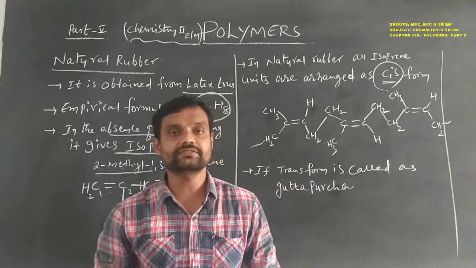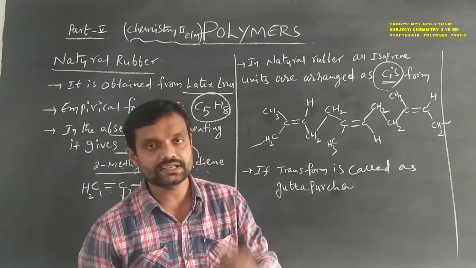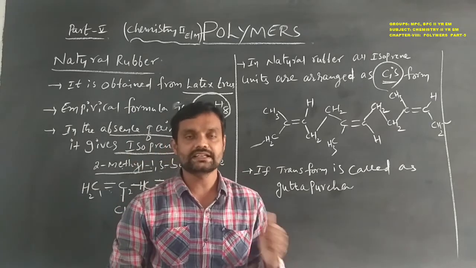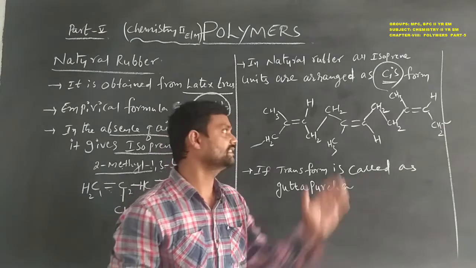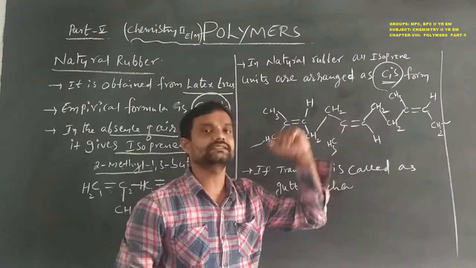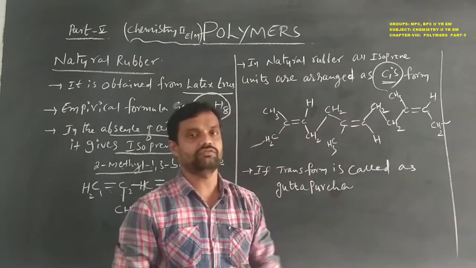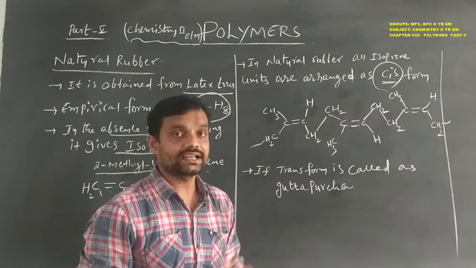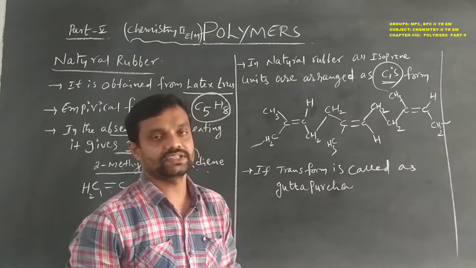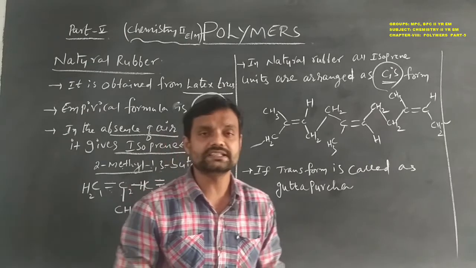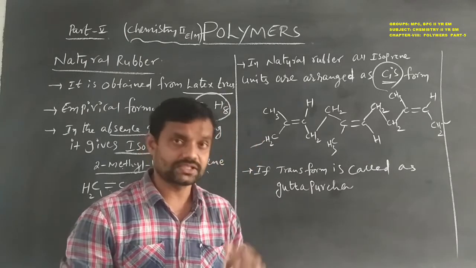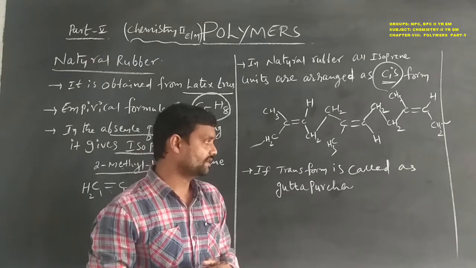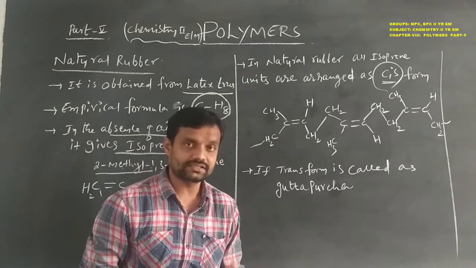The main reason for the highly elastic nature of natural rubber is that the monomer isoprene units are arranged in the cis form. When isoprene units are arranged in the trans form, the rubber loses its elastic nature.